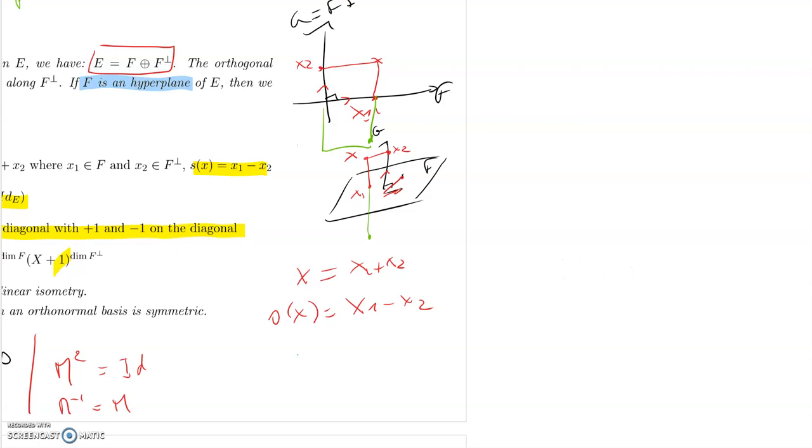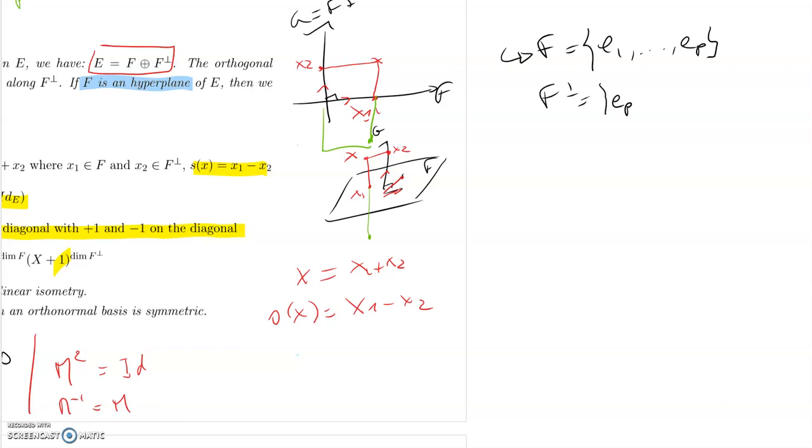So let's see what the representation in an orthonormal basis is going to be. The good thing is that F has an orthonormal basis e1 up to ep, and F orthogonal has a basis as well. We can complete the basis of F by finding a basis of F orthogonal, which of course is going to be orthogonal to the previous one, and it completes it into a basis of E. That's why it makes a direct sum.